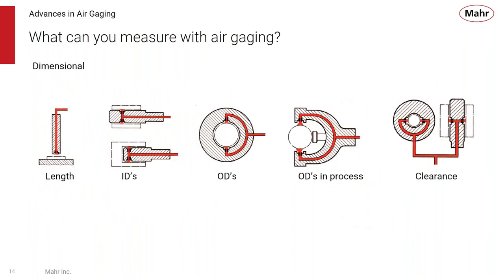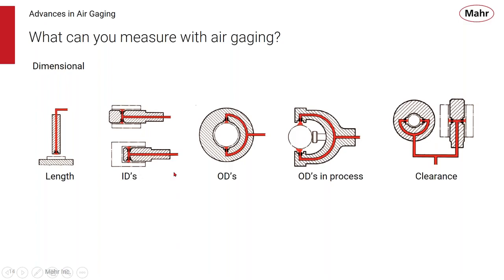Now you can do a lot of things with that back pressure concept. You can create a tool that measures length, just like an LVT, and measure a thickness, for example. You can create air plugs, either in a through hole or a blind hole configuration.